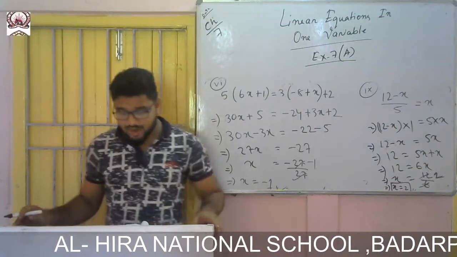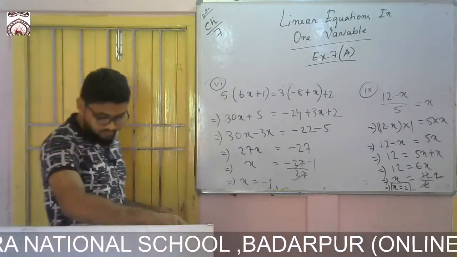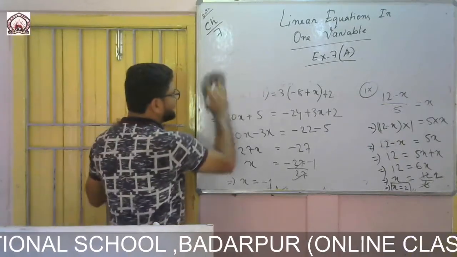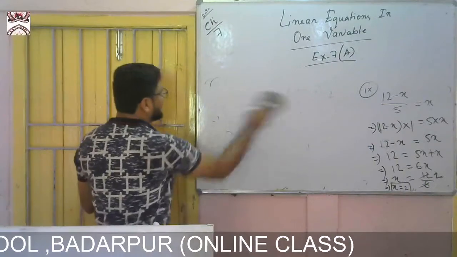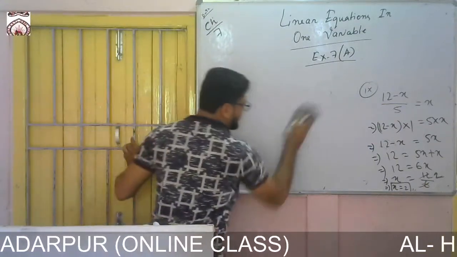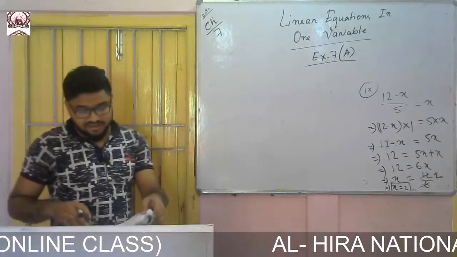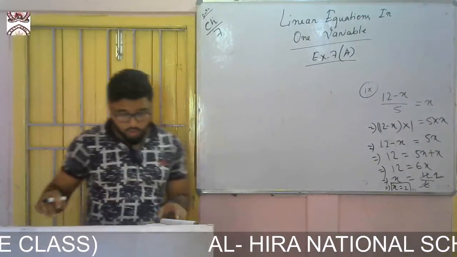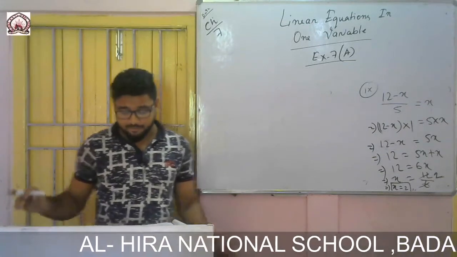Now come to high order thinking skill. Question number 10. See question number 10, what is there? 5m minus 2 by 2 equals to minus 11. Find the value of 2m plus 3.